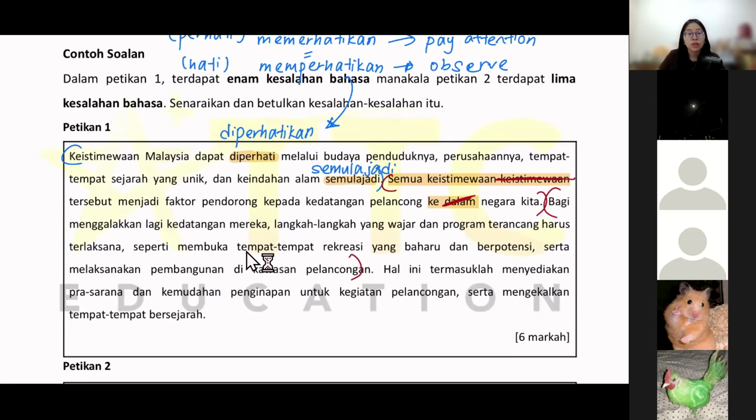Tempat-tempat, no. Tempat-tempat is a lot of places. In front also there isn't any kata bilangan, so it's correct. But you see, they mentioned program terancang harus terlaksana. Terlaksana means the thing is already accomplished, but this is just in the program that is planned. You want to say execute, it's not already accomplished.